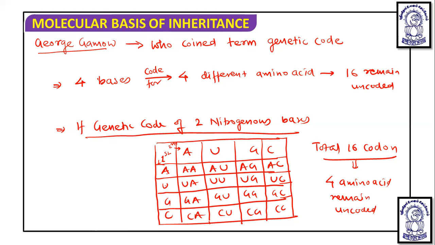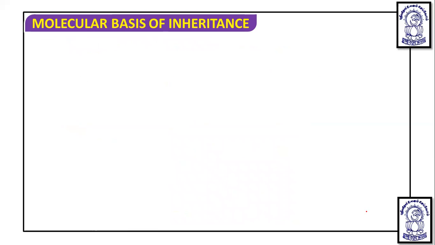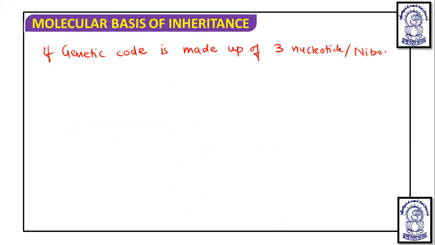So if the genetic code is made up of three nucleotides, or three nitrogenous bases, then 4 to the power 3, so 4 into 4 into 4.